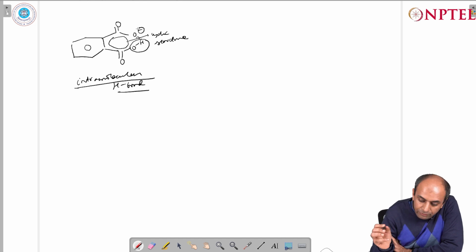We can also have a very classical example of benzoic acid.